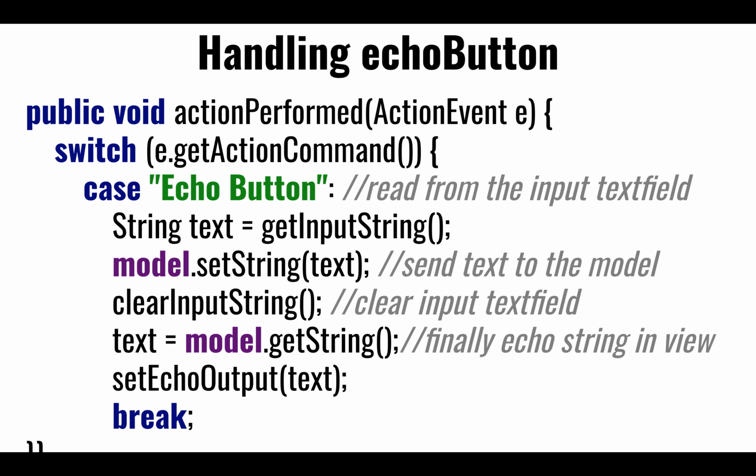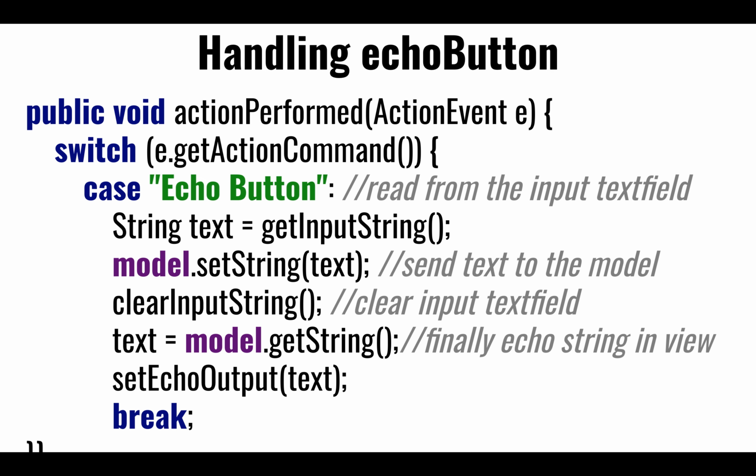This generic action event, and from here, you could retrieve the original string that you associated with the action event. For instance, echo button or exit button, the various buttons, and then do certain things. What we're doing here for the echo button is we're going to get the input string.